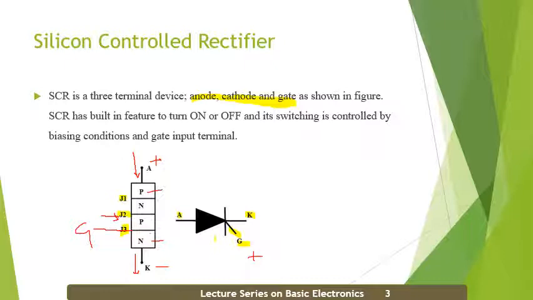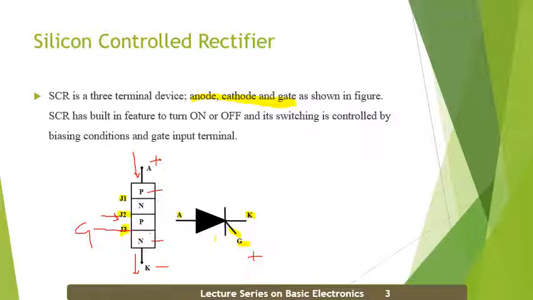Once it is turned on, the gate loses its control over the SCR. Keep this in mind. Whenever the SCR is acting as a switch, once it starts working, you will be losing your control over the SCR. Then you will be using turn off methods.